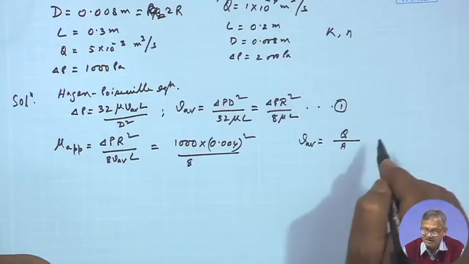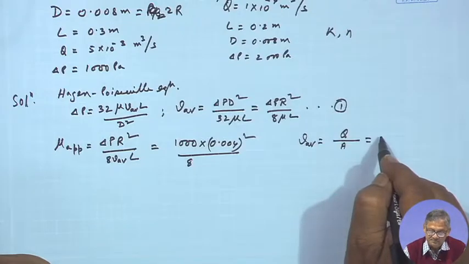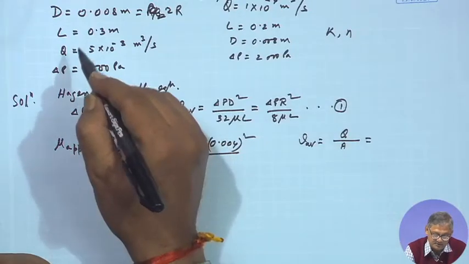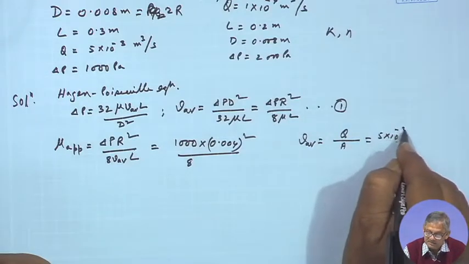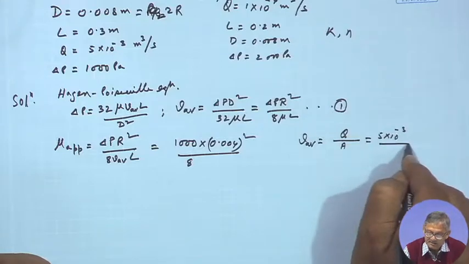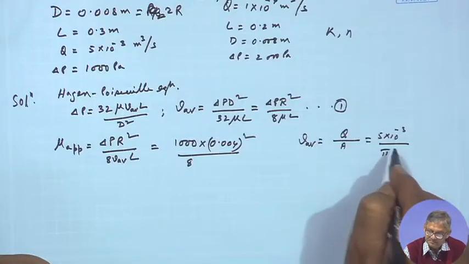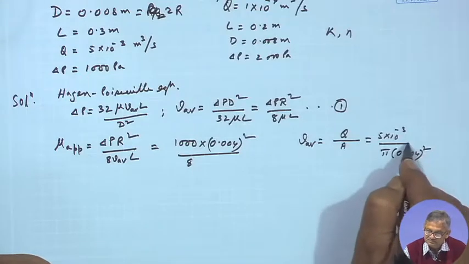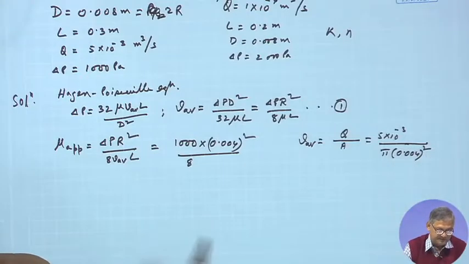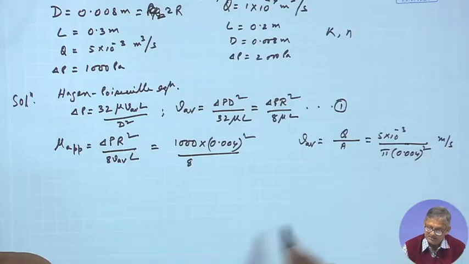Flow rate has been given, Q is 5 into 10 to the minus 3 meter cube per second, and area is pi R square, pi into 0.004 square, right. So we get so much meter per second.